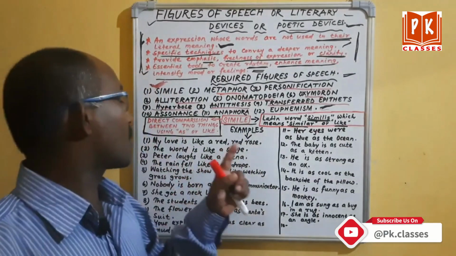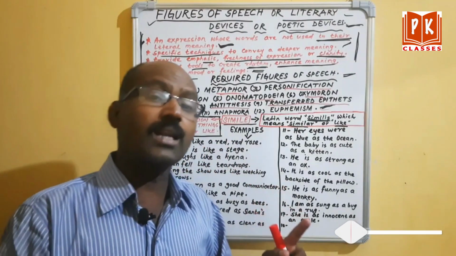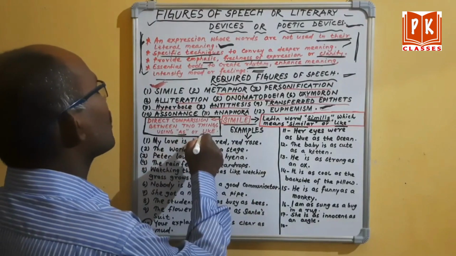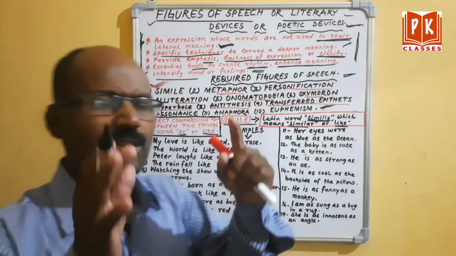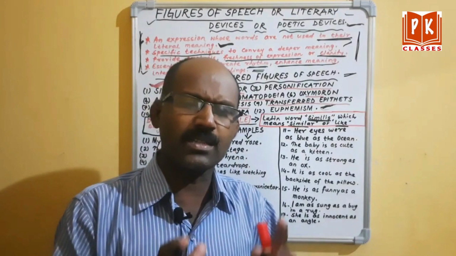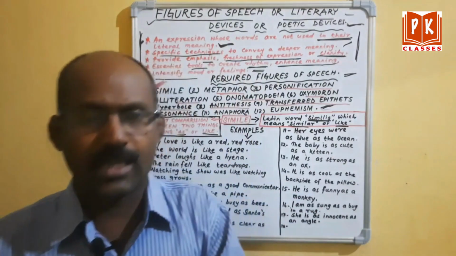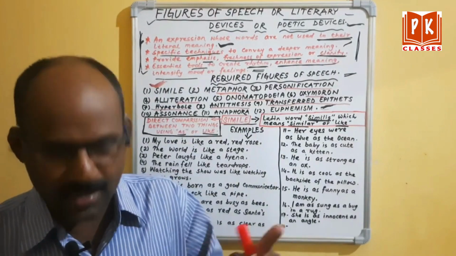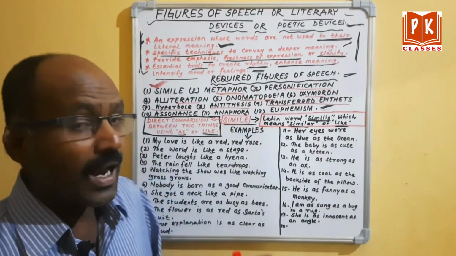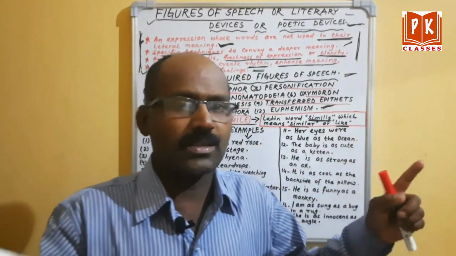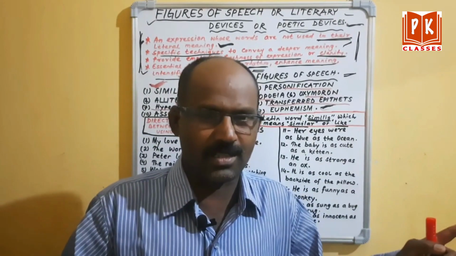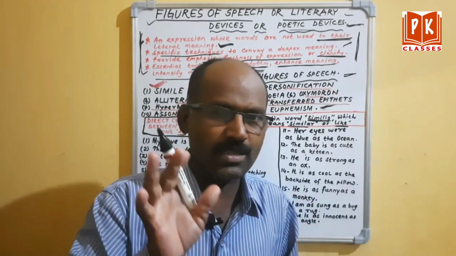In that sentence you will definitely find "as" or "like" used. If as or like is used in the sentence and it compares two different objects, two dissimilar things, then we can say it is a simile.